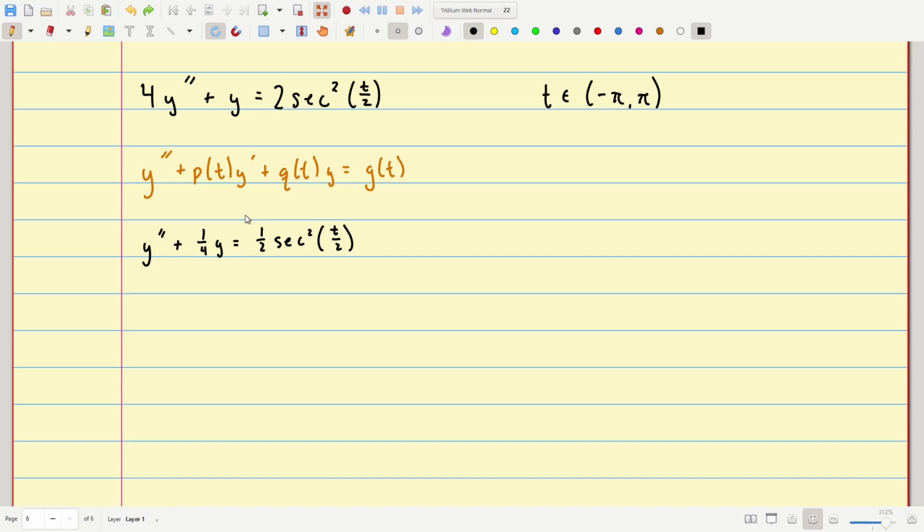And this actually matters. So if you forget to do this, this will be like a 1 or 2 point simplification error type thing, because it does impact the final result. You will get a different answer for the particular solution if you skip this step. So please keep that in mind.